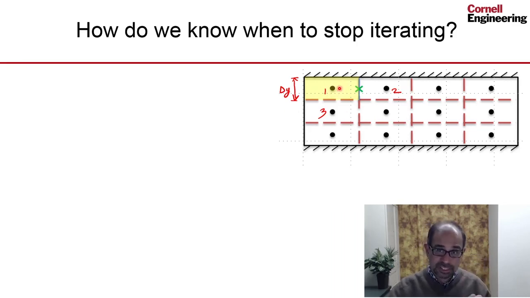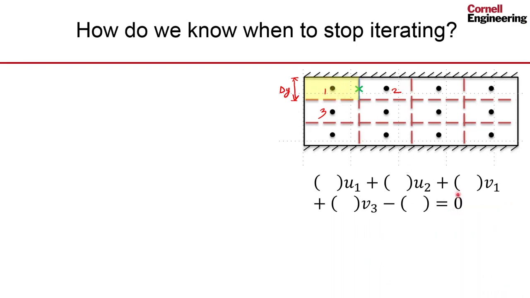And for mass conservation for that cell, we got an algebraic equation of that form. And if I had the exact solution to my set of algebraic equations and I plugged it into the left-hand side, the right-hand side would be zero.